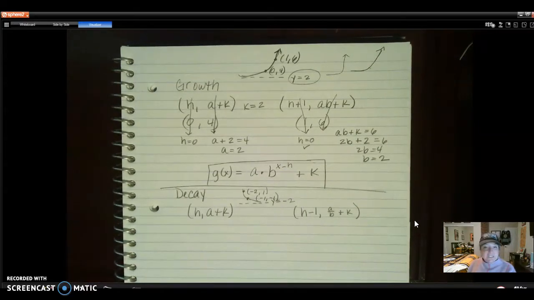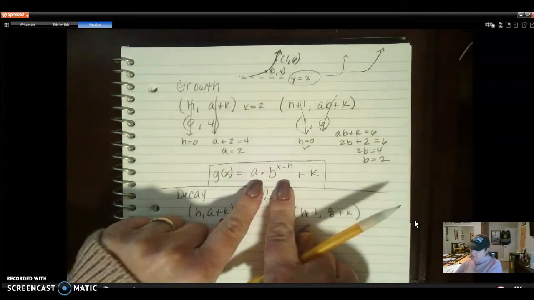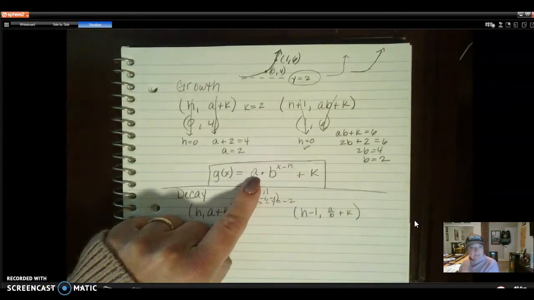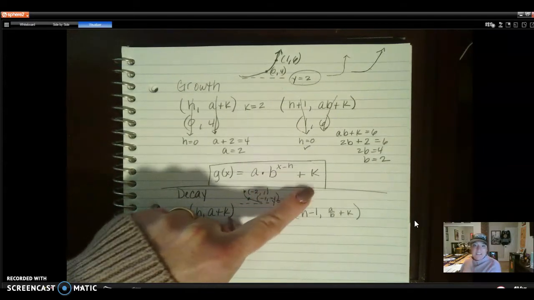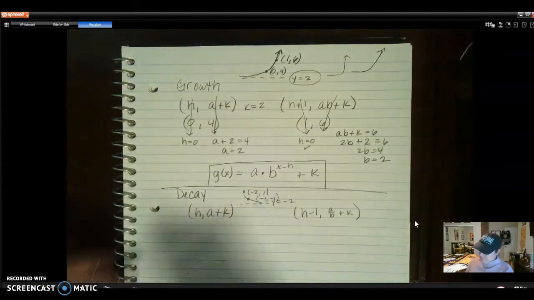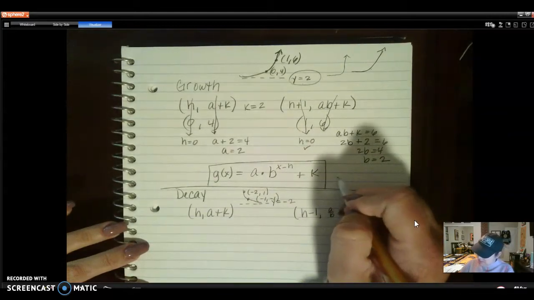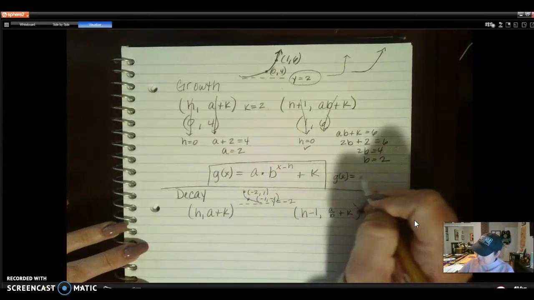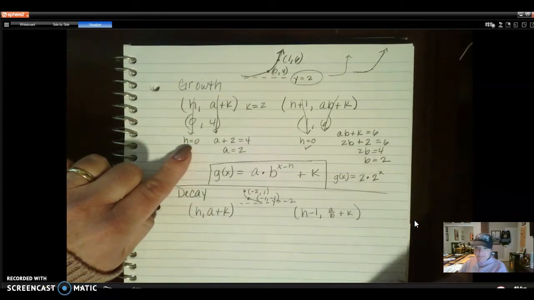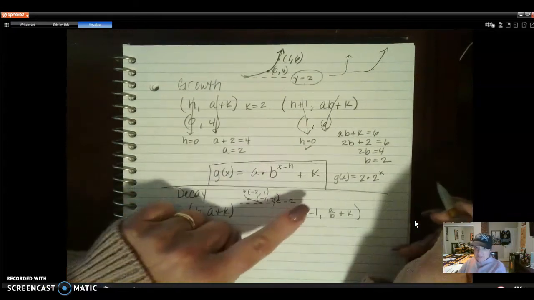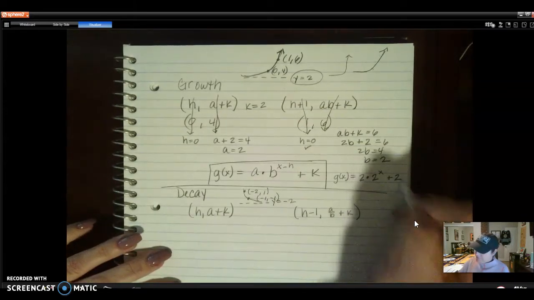Final answer, we're just going to plug everything in. So when we go to write it, we write 2 times 2 to the x minus 0, and then plus 2. This answer becomes 2 times 2 to the x minus 0, which is the same thing as just x, and then plus k becomes plus 2.